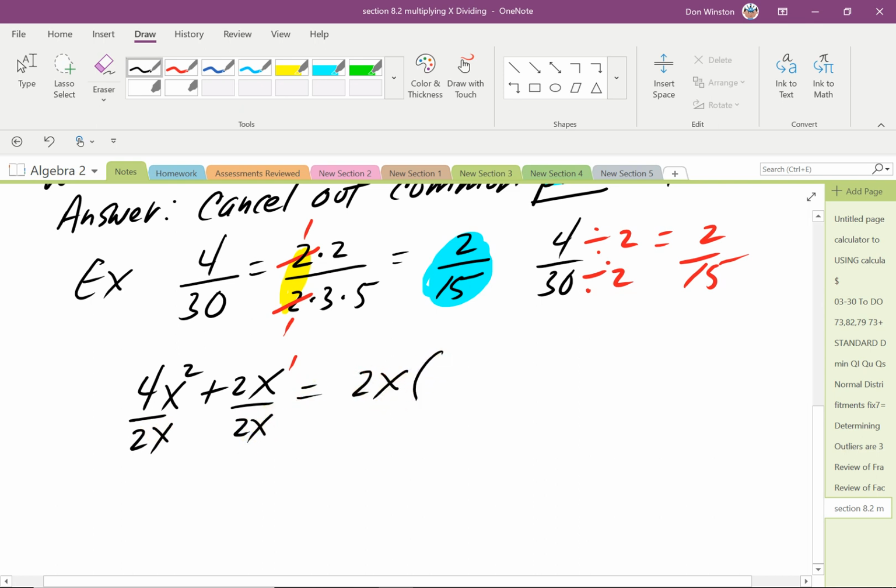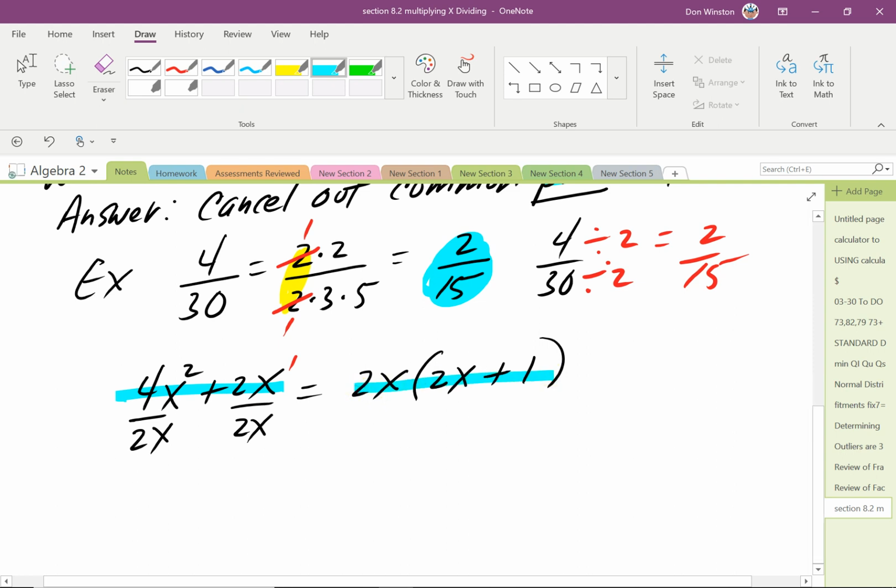And then what's left over, 4 divided by 2 is 2. And then x squared divided by x is x. And then plus, 2 divided by 2 is 1, and x divided by x is 1, and so that would be 1. So my prime factors of 4x squared plus 2x are 2x times 2x plus 1.